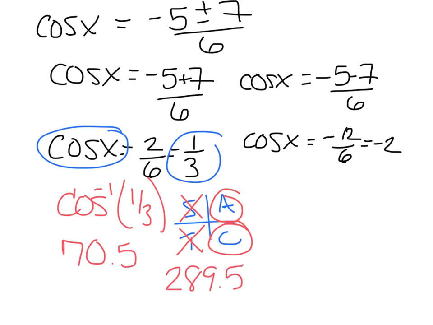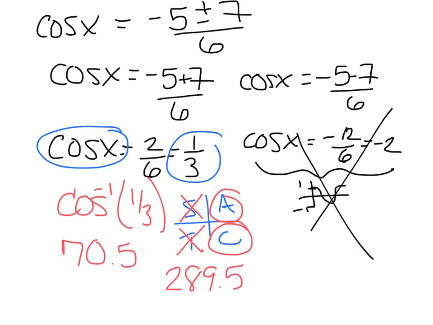On the other hand, I'm going to try to do inverse cos of negative 2, and hopefully you get an error, and that's a good thing, or a domain error. And remember, when I graph cosine, it only goes to a positive 1 and a negative 1, so anybody outside that range gets rejected. So that whole side is rejected, and we've got our two solutions.